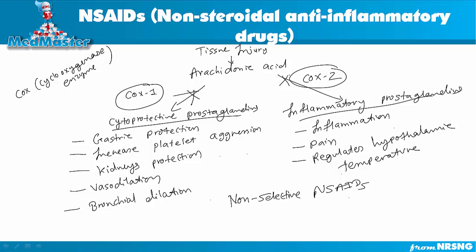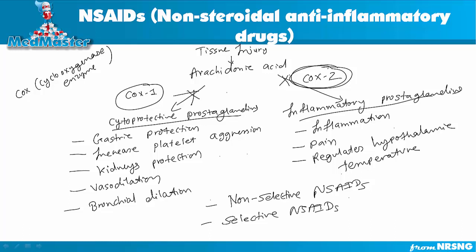Now, there is only one drug available in the market which only blocks COX-2, called a selective NSAID. And we'll take a look at some examples of non-selective and selective NSAIDs in the following slides. So this is the basic mechanism of action of non-steroidal anti-inflammatory drugs that block cyclooxygenase enzyme 1 and 2. That's why they're often called cyclooxygenase inhibitors as well.